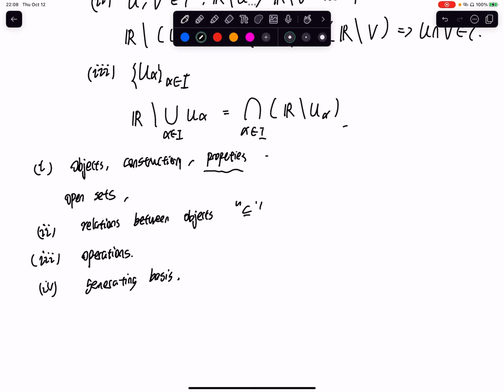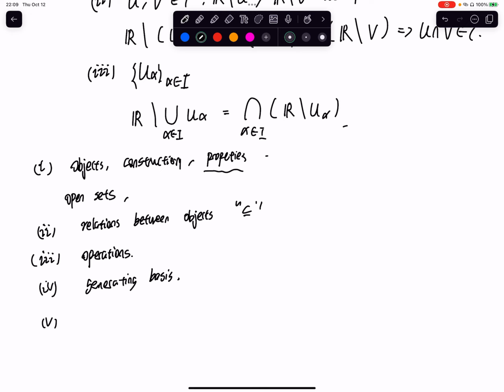And there are some smaller sets that contain enough information about the whole space. And this is the basis. And yes, topology has a basis, and a basis generates a topology.